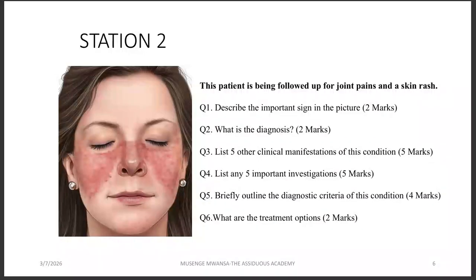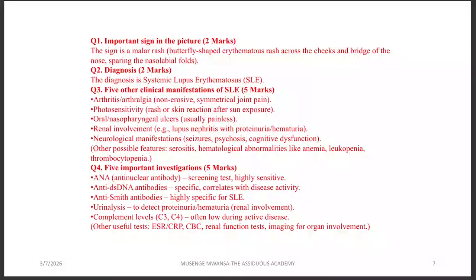Briefly outline any five important investigations. Any investigation that you can carry out in lupus? Okay, so basically, because systemic lupus is an autoimmune disease, meaning the body is producing antibodies against its own components, you are going to have antibodies against the nucleus, that is the antinuclear antibodies, and then the anti-Smith antibodies, the anti-double-stranded DNA antibodies, literally antibodies against the different components.